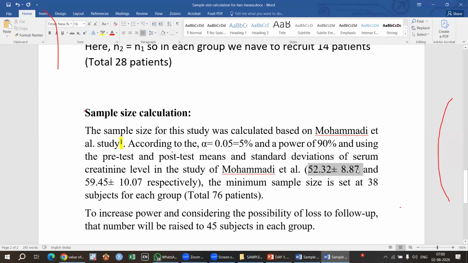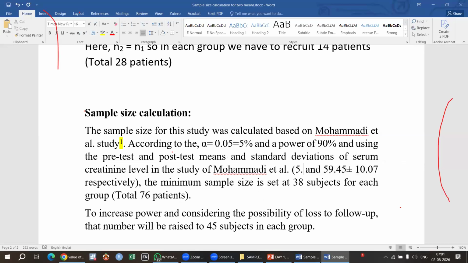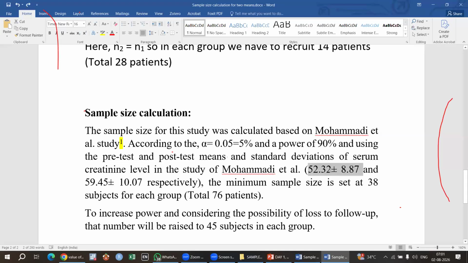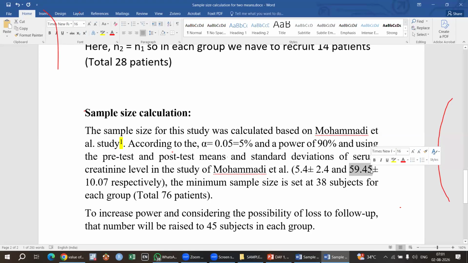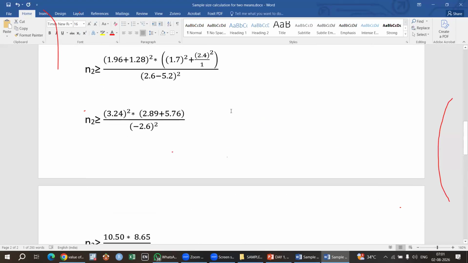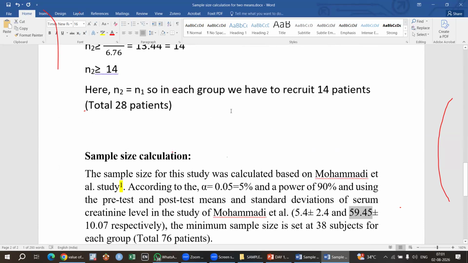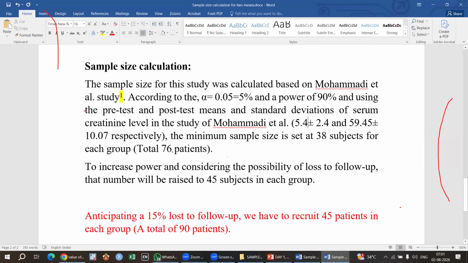So what do we have to write down here? It is 5.4, and what will be the standard deviation? 2.4. And in the intervention group, it is 2.6, it is 5.2.